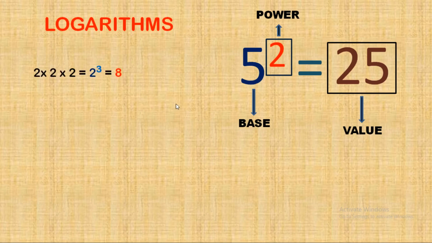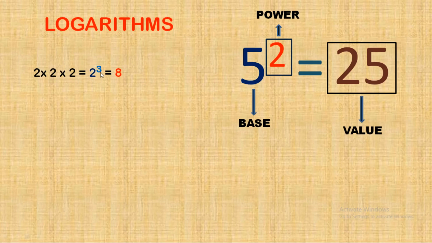So if I write 2 into 2 into 2, what we are doing here is just raising the power of 2 to 3 times. That means here I have written 2 as a product 3 times.